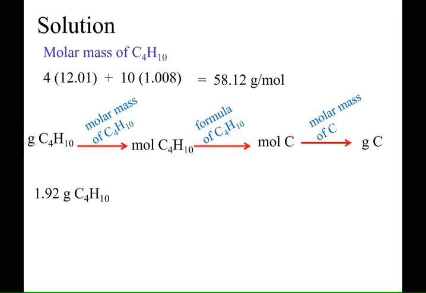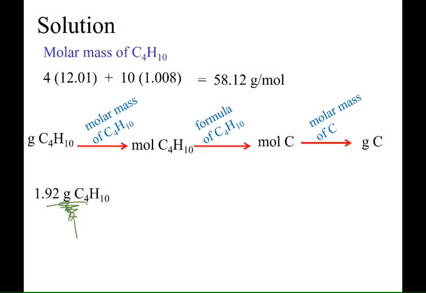I guess it does make a difference. I think what I meant to say a few slides ago is you have to keep your wits about you. Is this the grams of carbon or is this the grams of C4H10? And of course it's the grams of C4H10. You have more than 1 gram in this problem. I would probably put that over 1.